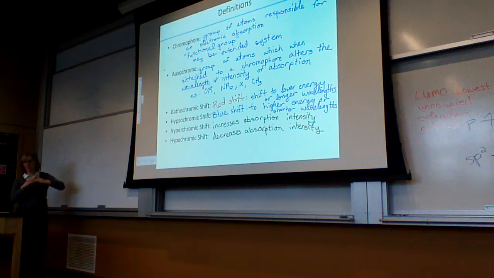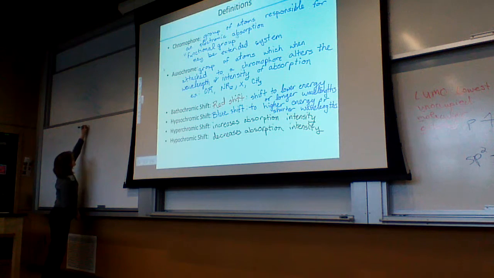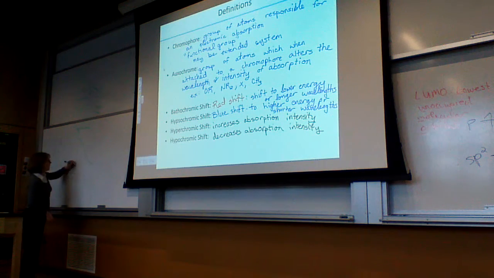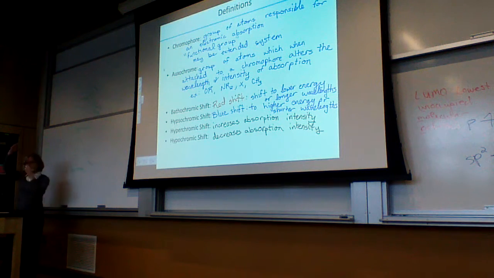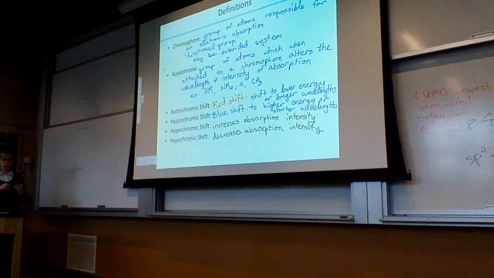Increase in intensity is just going to give us higher absorbance, so that would be a hyperchromic shift. And decrease in intensity is going to be a hypochromic shift. It's just the amount of absorbance that you're seeing is changing.